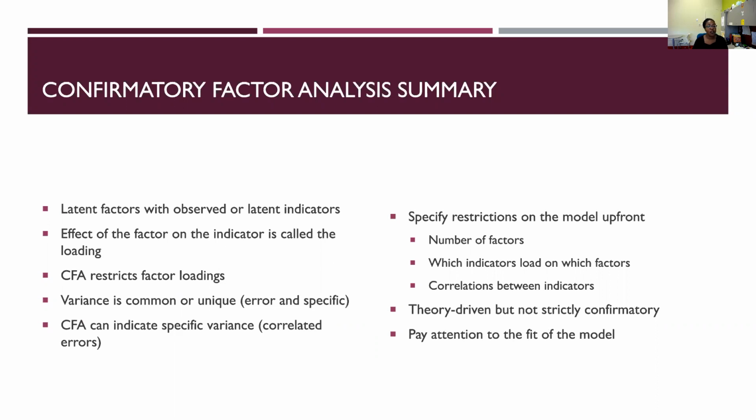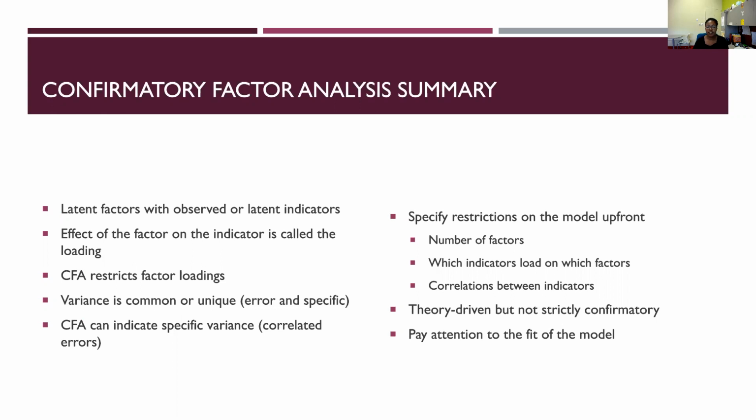But a special thing we can do that we can't do in EFA is allow error terms between items to co-vary. That would suggest there is some source of variance that's not attributable to the factor. It could be due to wording, it could be due to method, lots of things. But we're acknowledging that by allowing those errors to correlate.